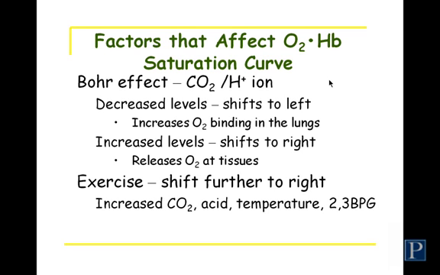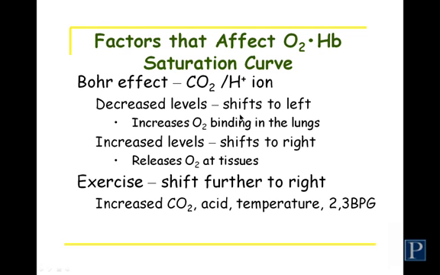Now the Bohr effect is explained in more than one way. Decreased or increased levels of these things cause a configuration change in the hemoglobin molecule. At the level of the tissues, these things are going to be elevated because you're working out or you're metabolically active. The curve shifts to the right, and what does that do? It releases more oxygen at the level of the tissues.